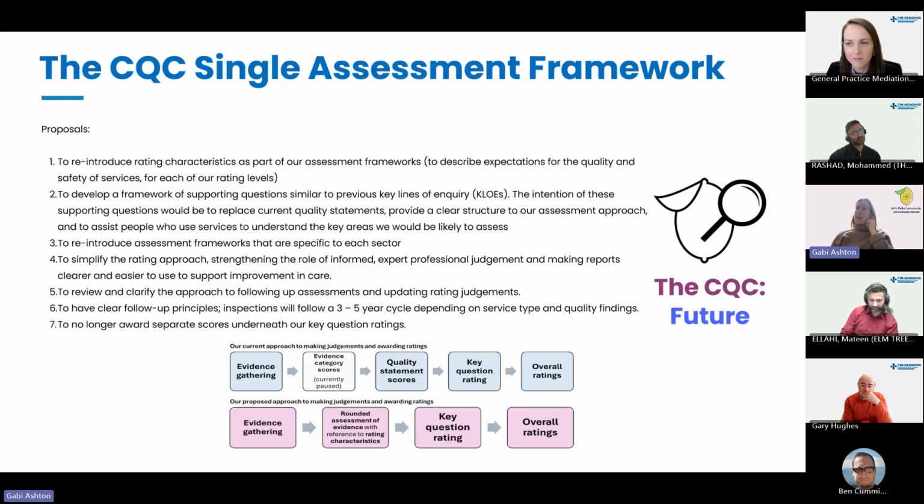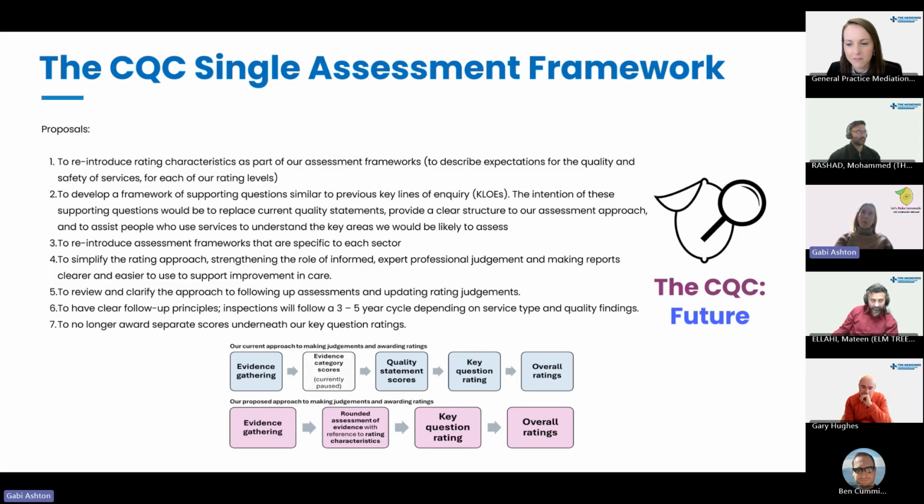So as I mentioned at the beginning of the webinar, they've committed to reviewing things in a bit more detail in 2026, but nothing will be rolled out from a formal assessment change point of view until the end of the following year into 2028. So we have got some time left with this existing assessment framework. Some of the key things that they've proposed is to reintroduce rating characteristics.